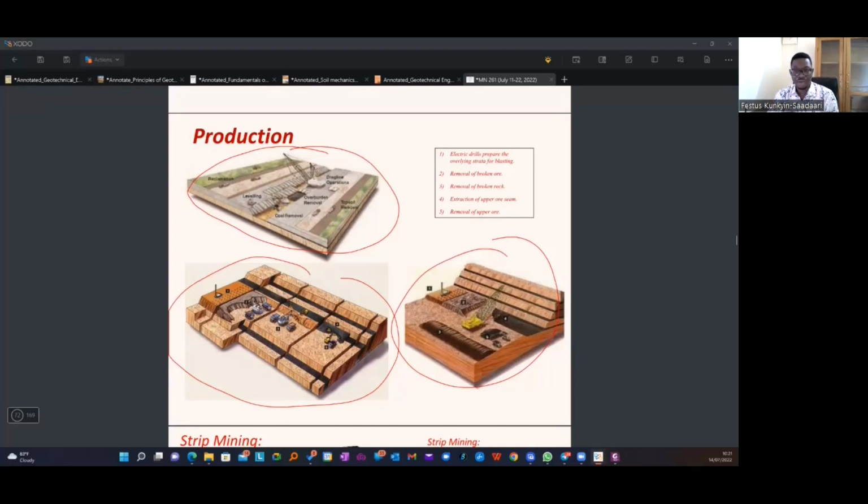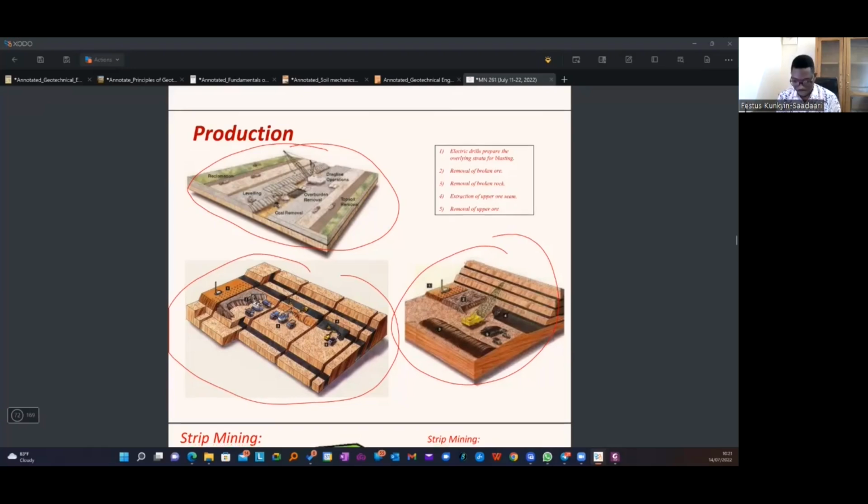After you have finished mining, you are going to get a flat area. But in a typical open pit mine, you would have a funnel shape. Looking at this, you are not going to have anything like a funnel shape. It's a strip mining, but this type of mining is called terrace mining because we are doing it in benches.